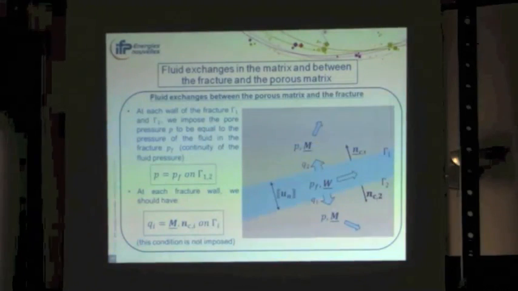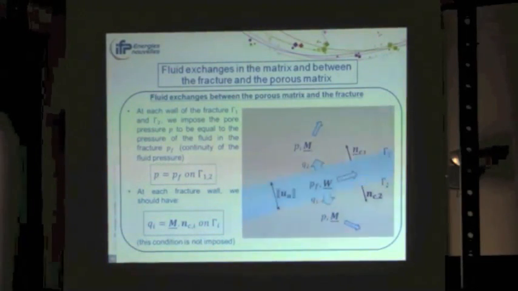So this is a sketch that summarizes what goes on for the fluid around the interface. We've got a flux W in the interface and a flux M in the porous matrix. We've got exchanges at each of the fracture walls, but we have to impose an additional condition. The fluid pressure has to be continuous at the fracture walls.